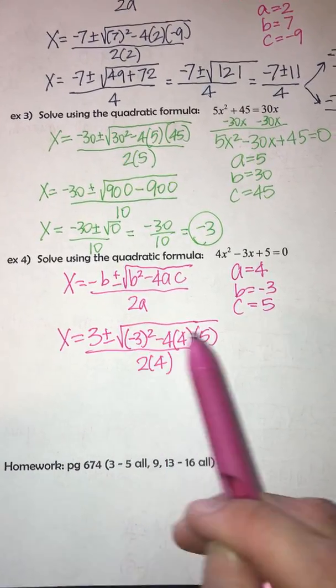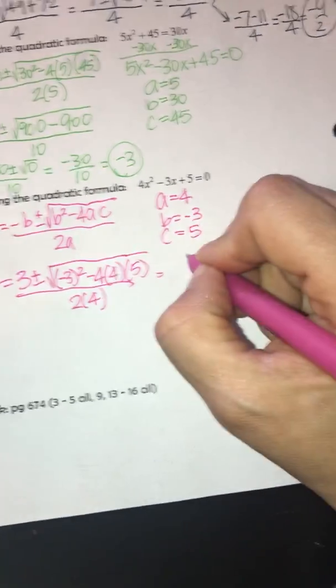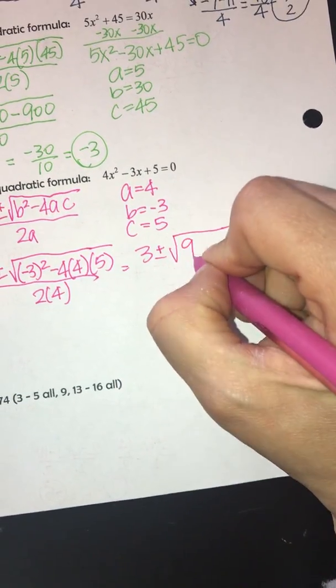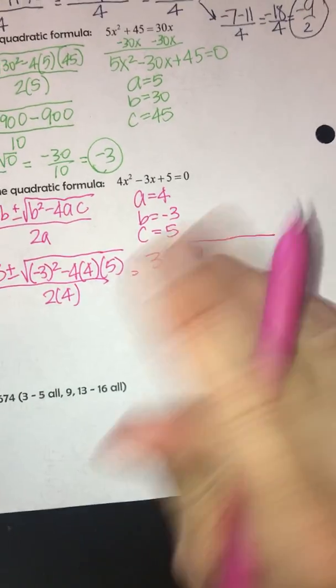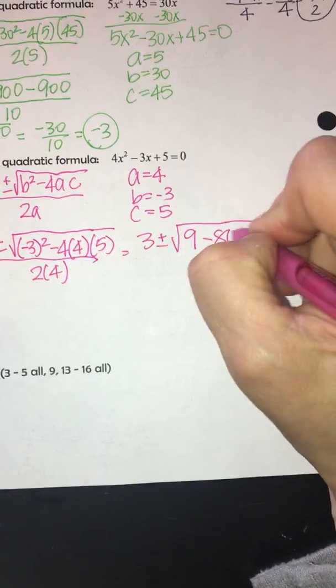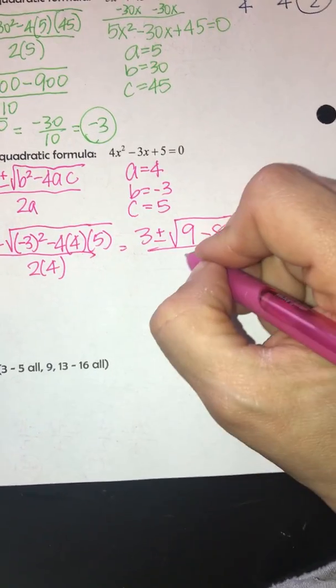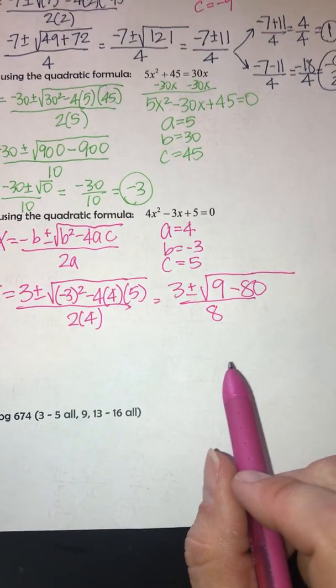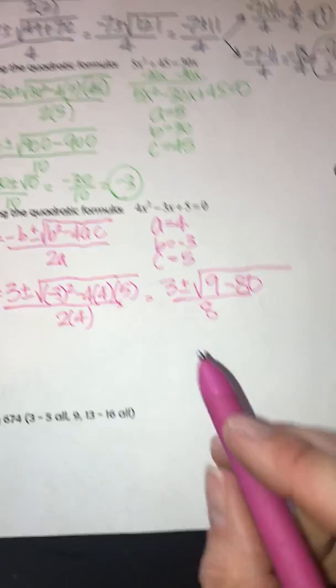So now we're going to do what's underneath the square root. Negative 3 squared is 9. 4 times 4 times 5. 4 times 5 is 20, times 4 is 80, sorry. All over 8. Now I do need to do 9 minus 80, which is a negative 72.